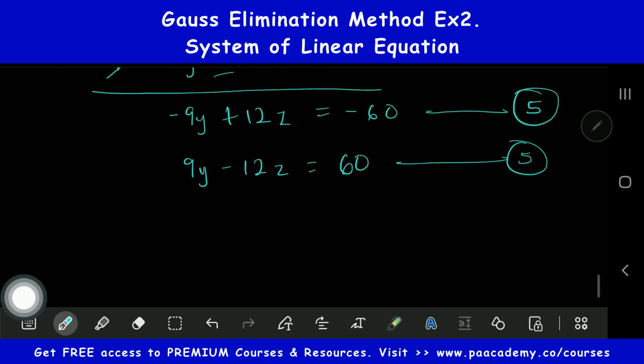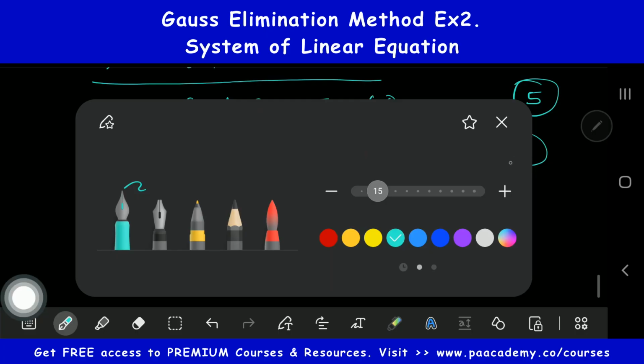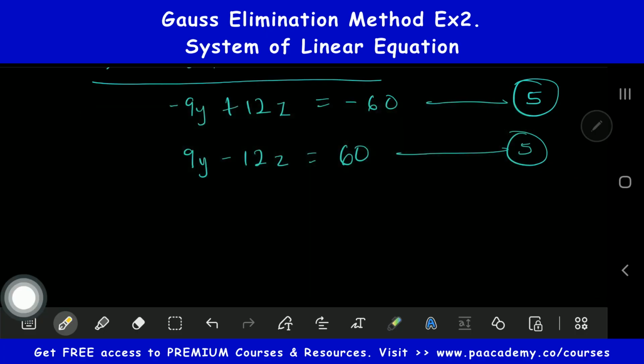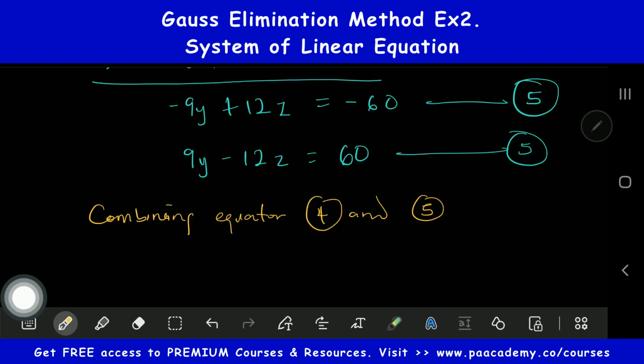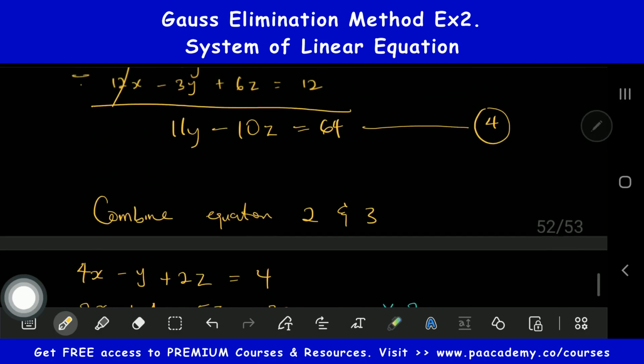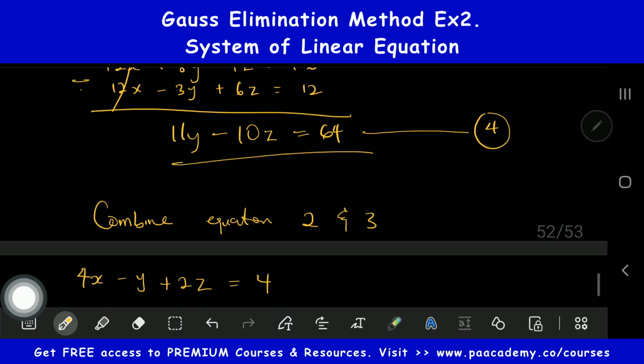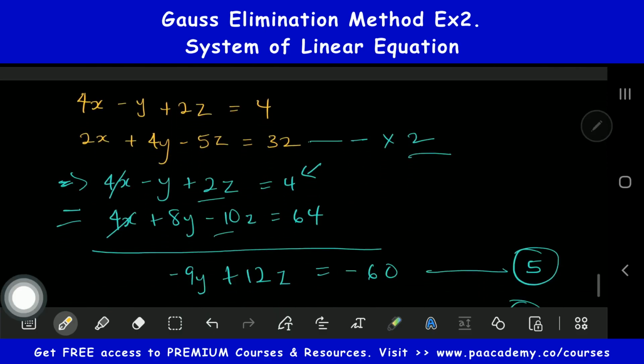Next in line is for us to combine our equation 4 and 5. Remember what we got as our equation 4, which is 11y minus 10z equals 64.